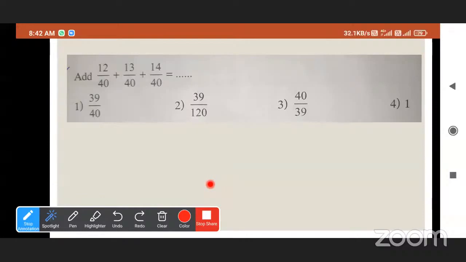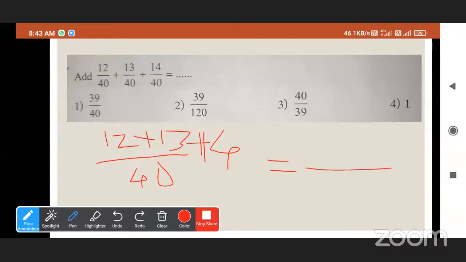All denominators are 40, so these are like fractions only. So we easily add the numerator part only, that is 12 plus 13 plus 14. Do the addition. So the answer is 39 upon 40.